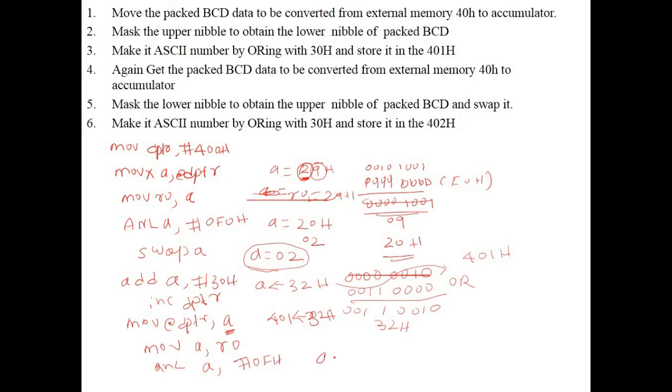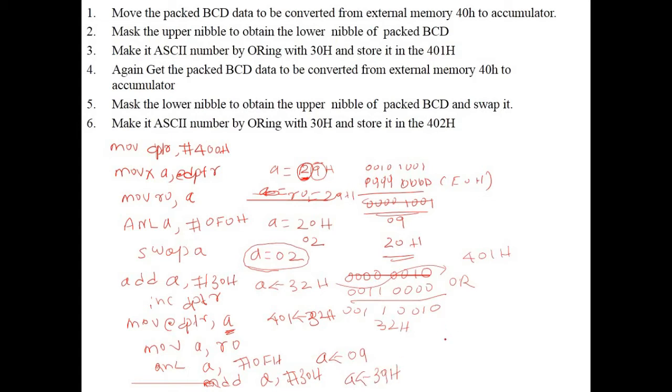So the A will get 09. Okay. So next similarly we need to add this 09 with 30H. ADD A comma #30H. So the A will have 39H.